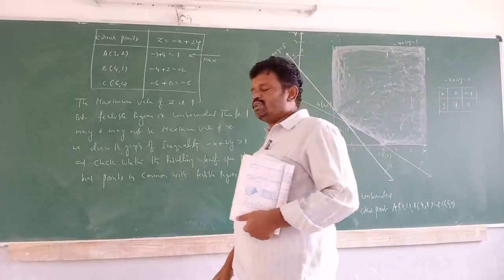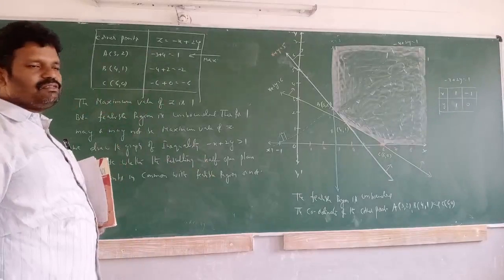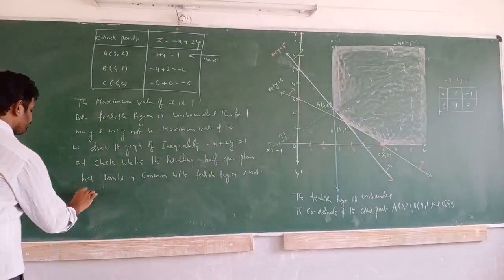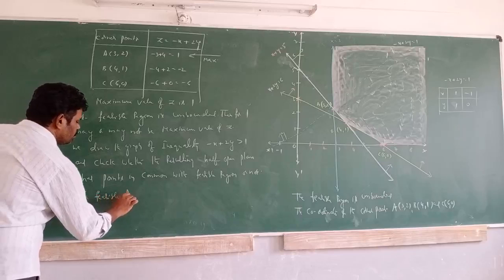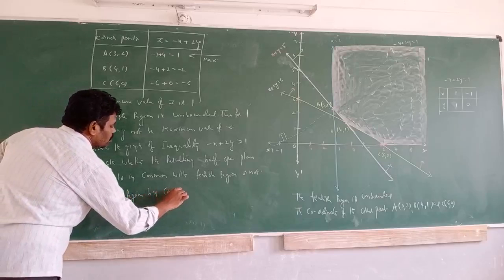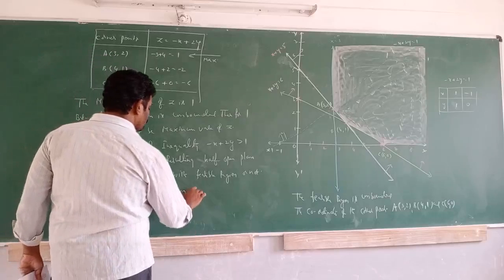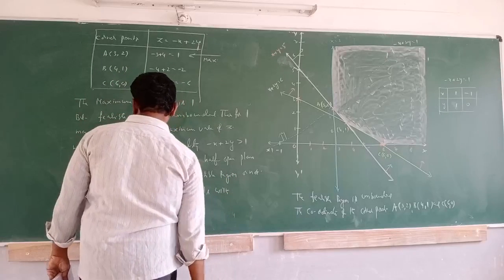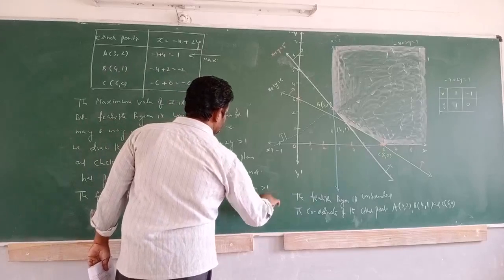That is, the feasible region has a common point with this inequality. That's why this is not a maximum value. So that's why what we have done here: the feasible region has common points with minus x plus 2y greater than 1.